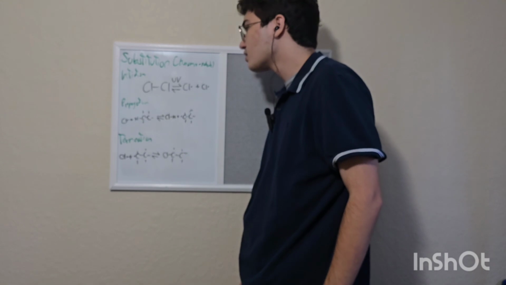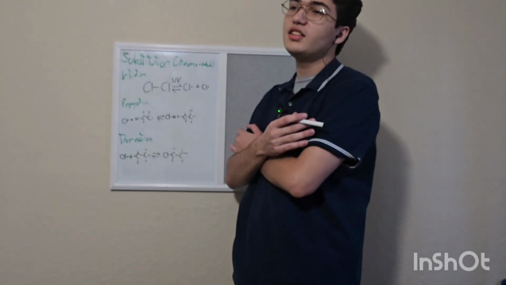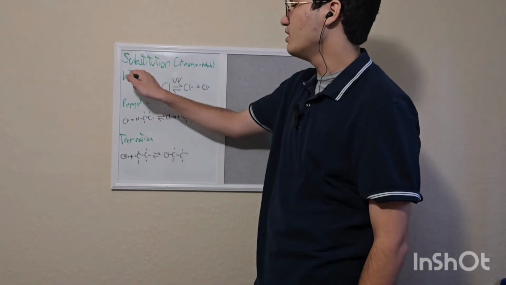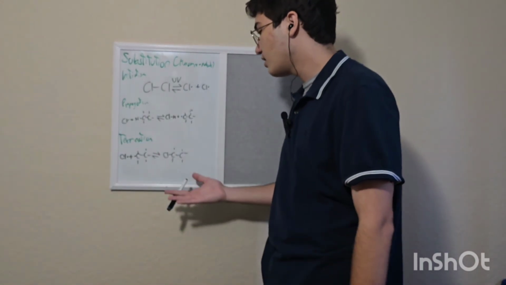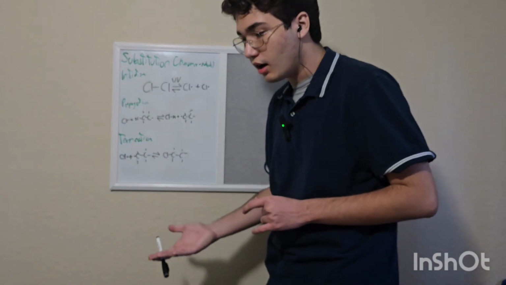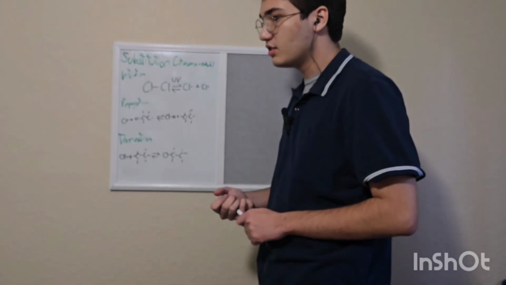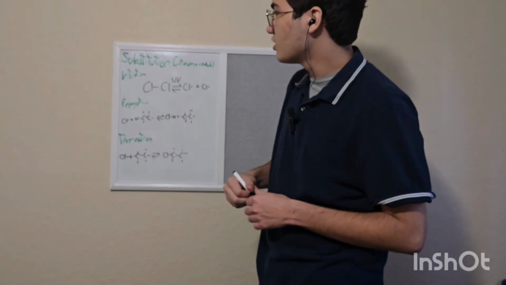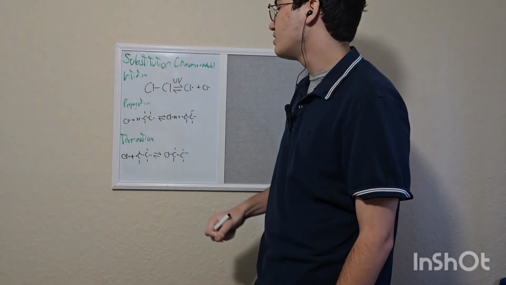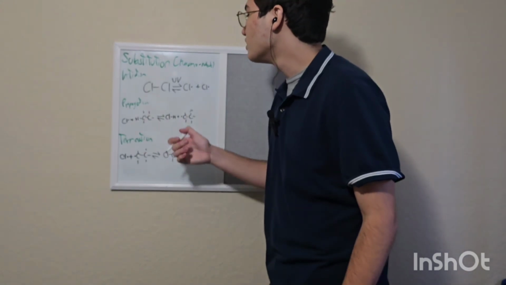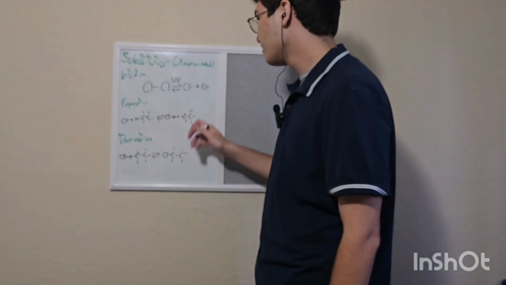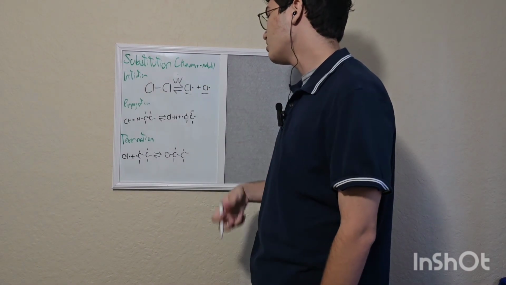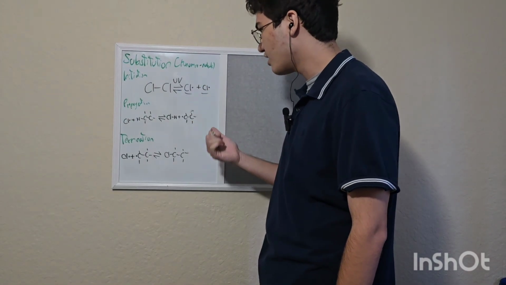Substitution reaction is one to three steps: initiation, propagation, termination, and it takes place with alkanes. Single bonds only. So first we have a Cl and a Cl molecule, which is going to be split by using UV light as the catalyst, which will create two chlorines with a free radical ion.